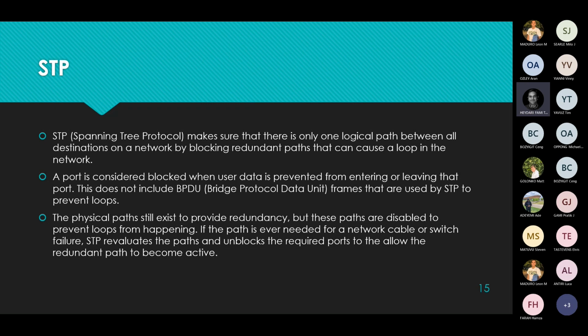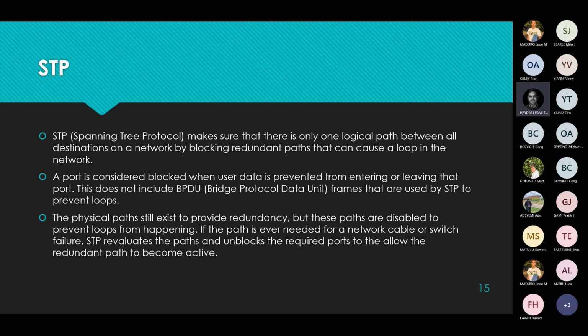This root, by the way, is called bridge root or root bridge, which is the root of the tree. There is no loop there, logically. Physically, this link exists and there is a loop. And this is the job of STP, to convert any loop-based structure of trees as such to this.